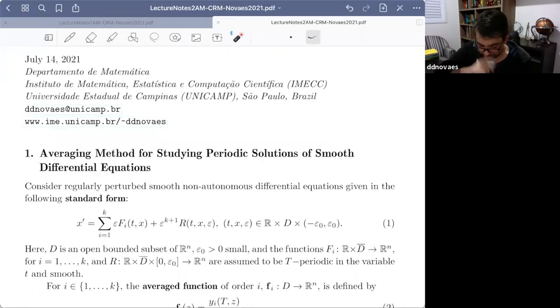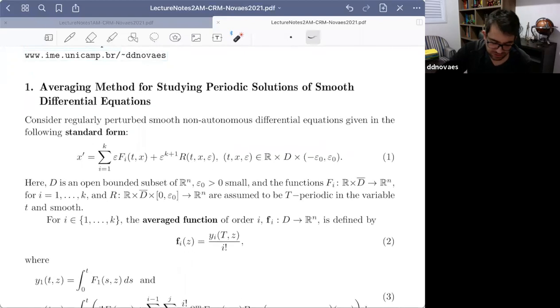Okay, so just to recap what we have done in the first lecture, we were considering difference equations in this standard form, which are regularly perturbed, non-smooth, regularly perturbed, smooth, non-autonomous difference equations.